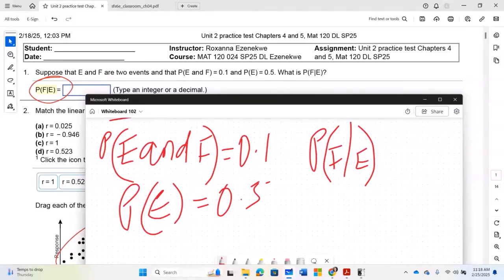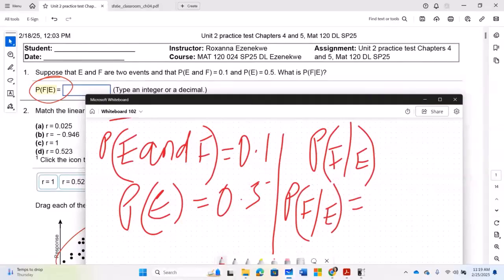So now we want to write the formula. First of all, make sure you know how to write the formula. The probability of F, given that E has happened first, is the probability of E and F. I can write intersection here, and and intersection are the same.